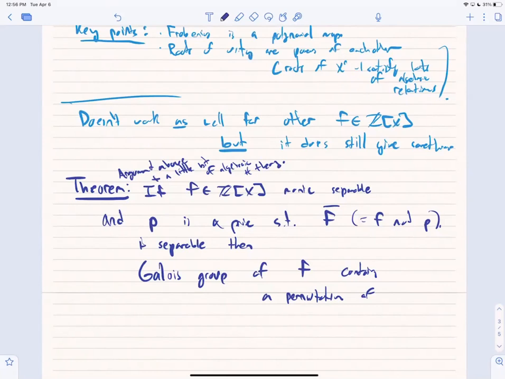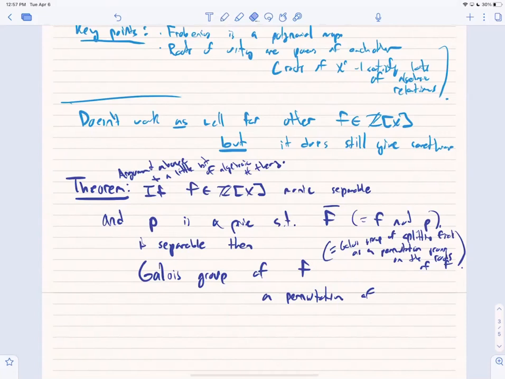So this is equal to the Galois group of a splitting field as a permutation group on the roots of F. If I take a splitting field, then it makes sense to not only take the Galois group of that splitting field, which is the automorphism group of the extension, but also that automorphism group acts faithfully on the roots of F. And so I can think of it as being a subgroup of the symmetric group on the roots of F. So when I say containing a permutation, I mean in that sense, containing a permutation of the roots.